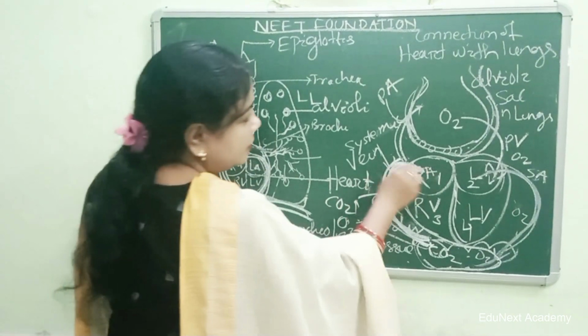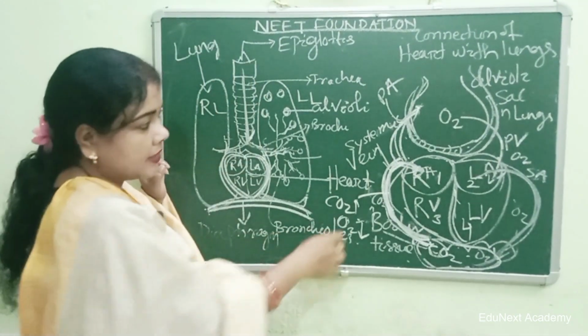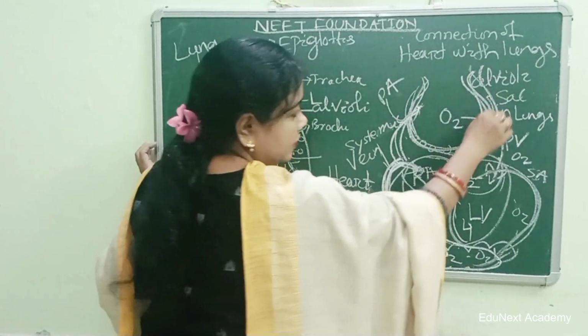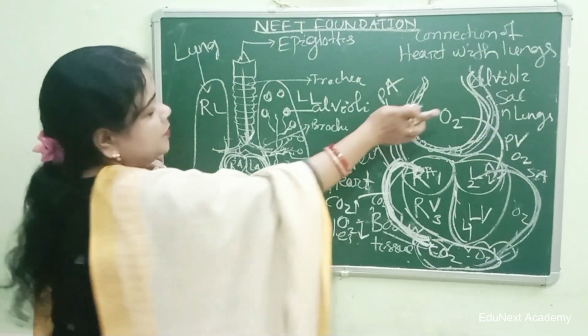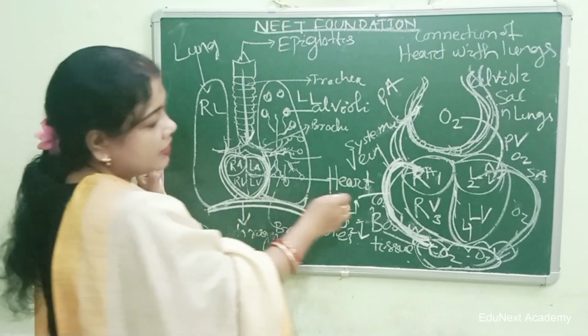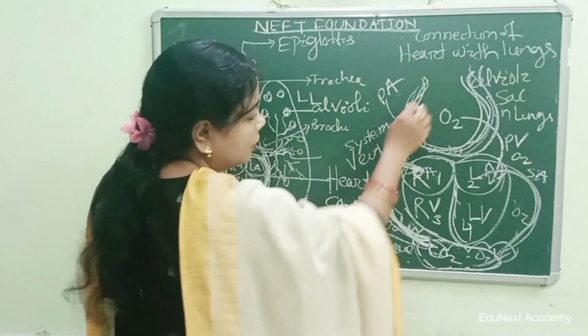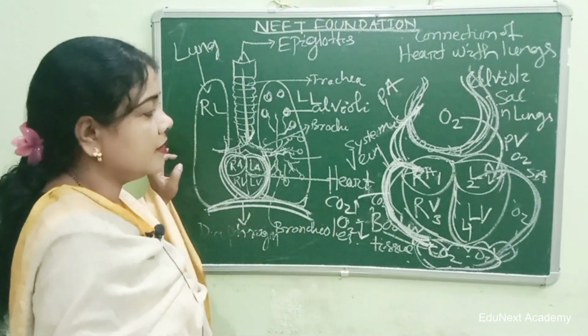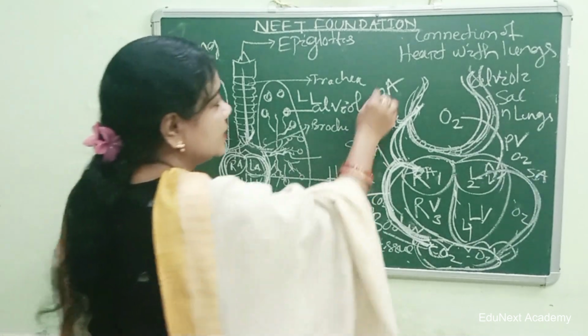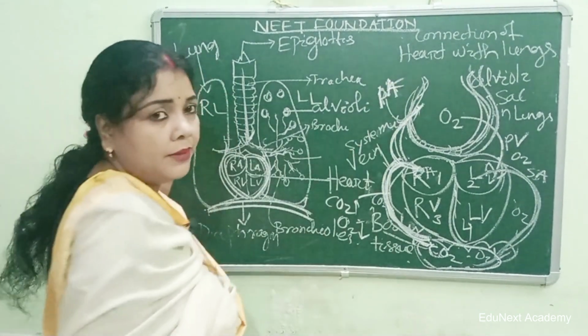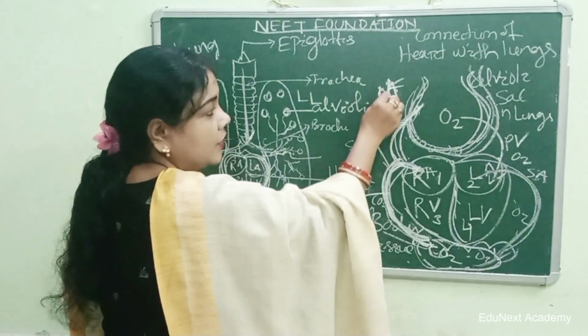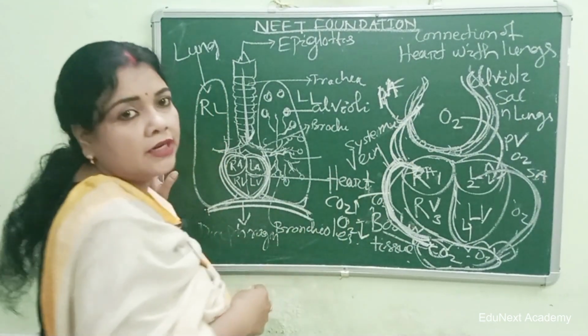From the right atrium to the lungs, I have shown here an alveolar sac, which is present inside the lungs. From the right atrium to the lungs, there is a vessel known as the pulmonary artery, which contains deoxygenated blood.